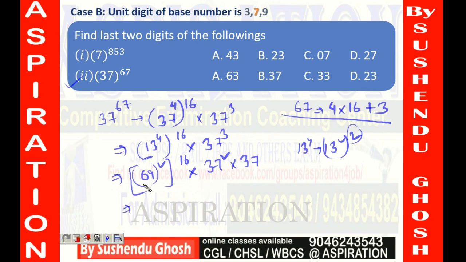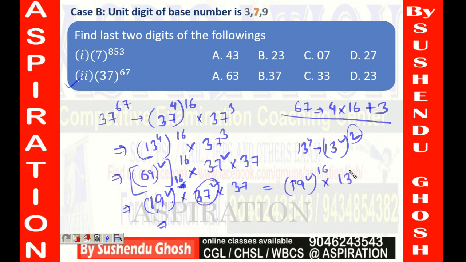Now 69 square will give you the same last two digits which we already have, 19 square. So 19 square to the power 16 into 13 square multiplied by 13. Now we already know this 37 square we can write again 9. Keeping the same 19 square to the power 16, we can write 13 square multiplied by 37.